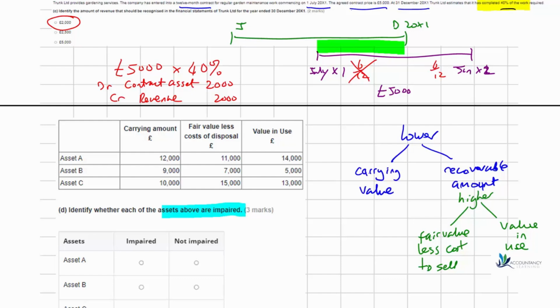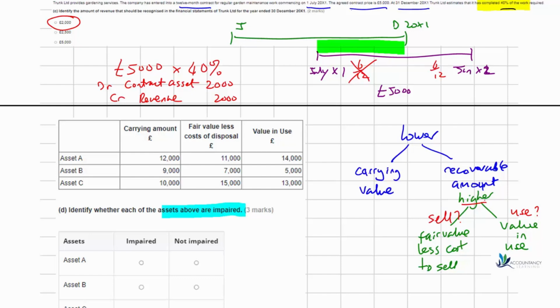We're going to be earning some money in the future from this asset. So we need to work out, will we earn money in the future from selling it, or will we earn money from using it? And commercially, we're going to choose whichever earns us the most money, and that's why we're choosing the higher of these.